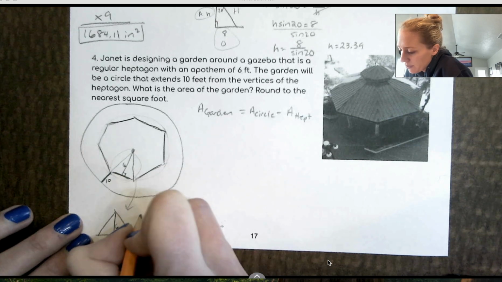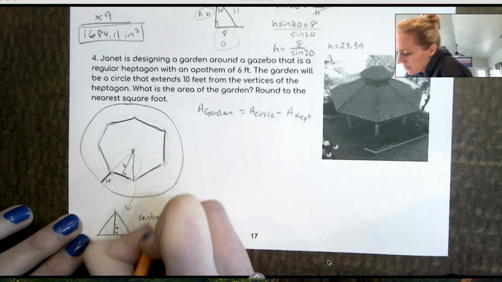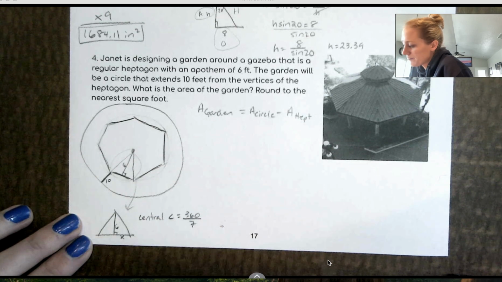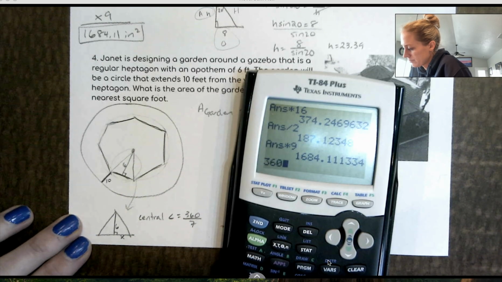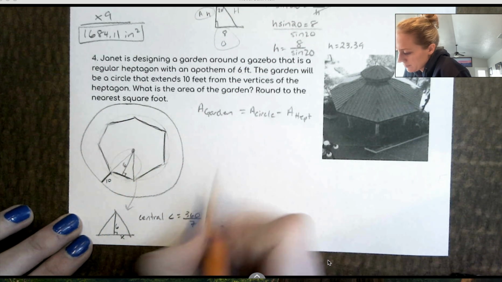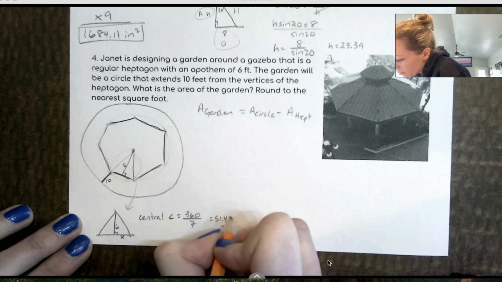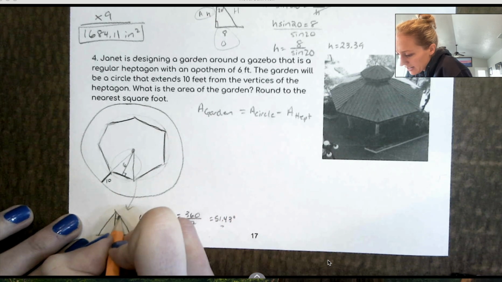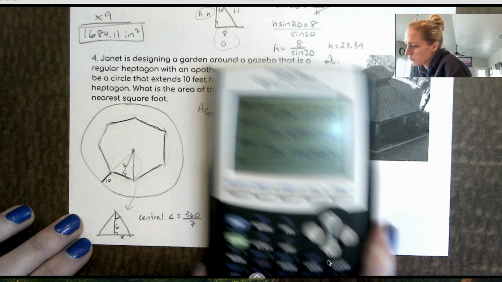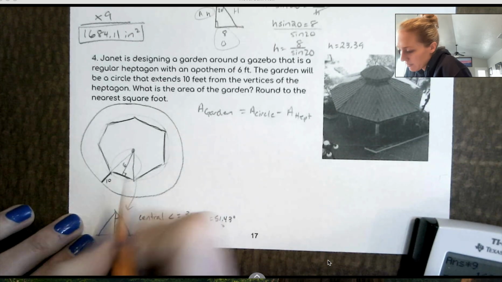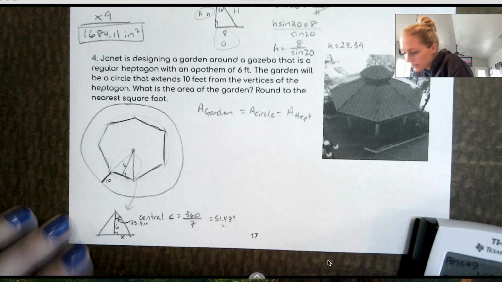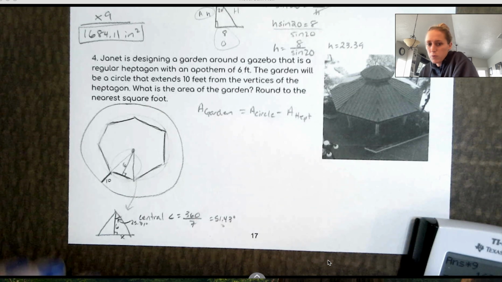So I need the angle. The central angle is 360 divided by 7, which is 51.43. And again, remember, I'm dividing that by 2 to get just the one in the right triangle, which is 25.71. So that angle is 25.71 degrees.